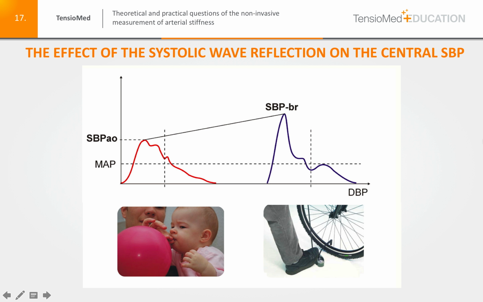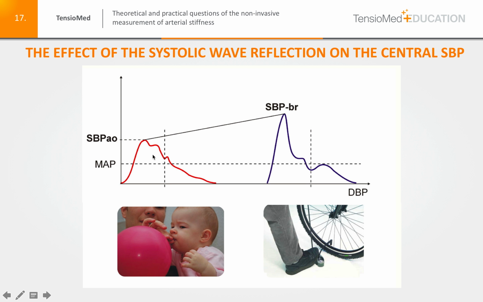In this slide, I would like to show you the effect of the systolic wave reflection on the central systolic blood pressure. Physiologically, the first direct systolic wave is reflected from the lower body as the second, late or backward systolic wave.